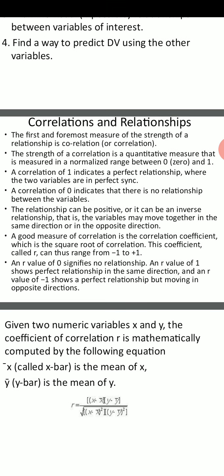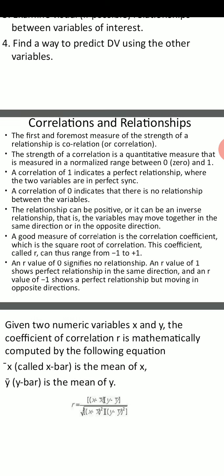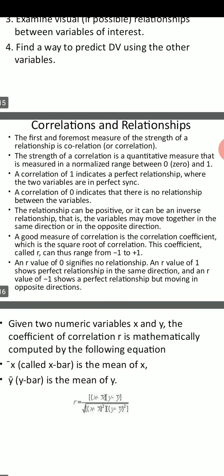A good measure of correlation is the correlation coefficient, which is the square root of correlation. This coefficient R can thus range from -1 to +1.